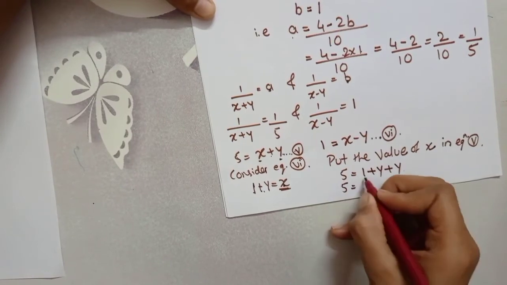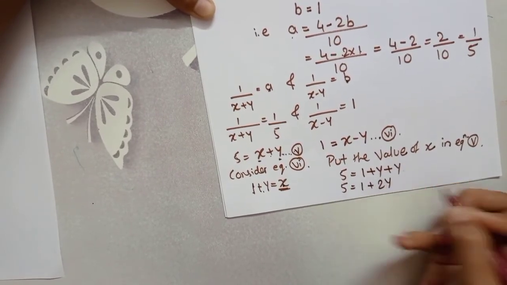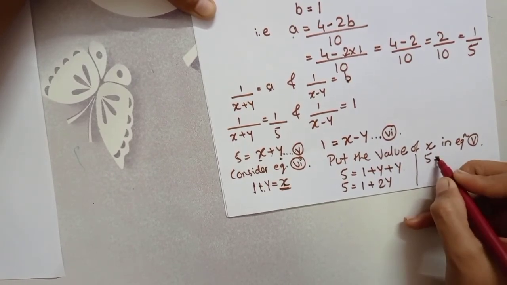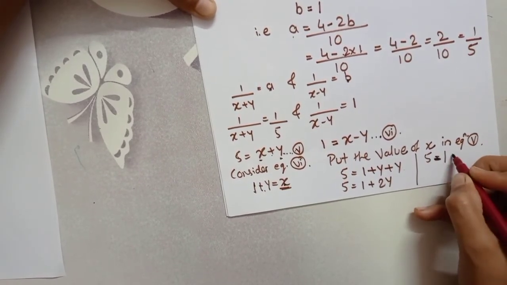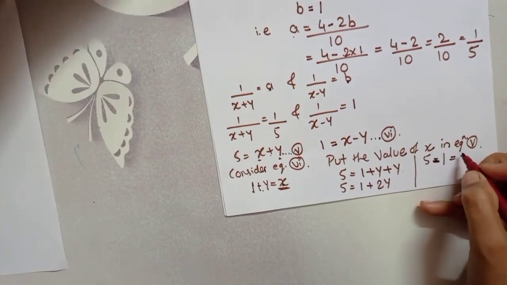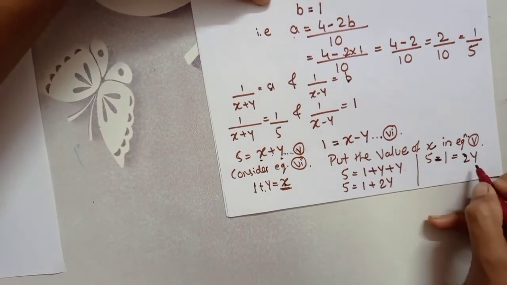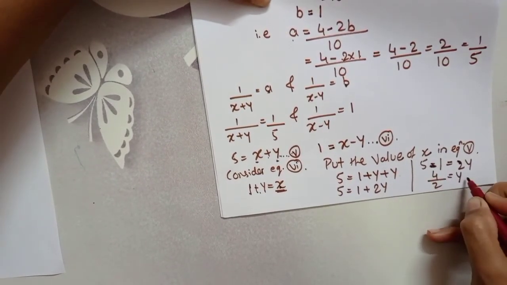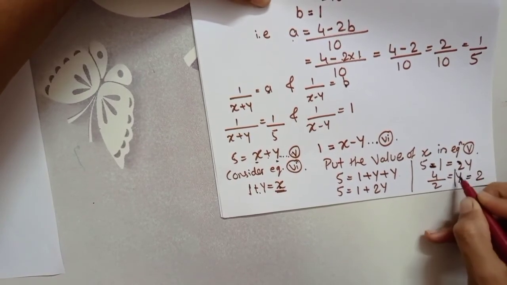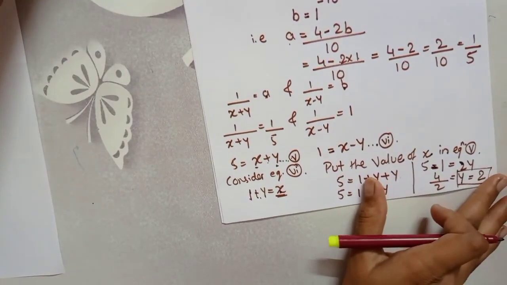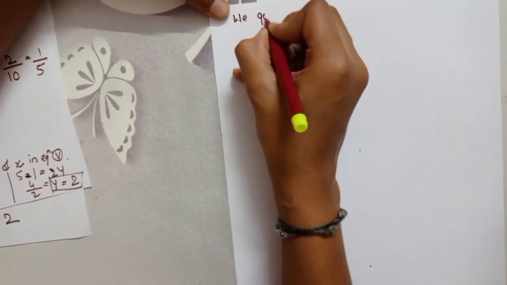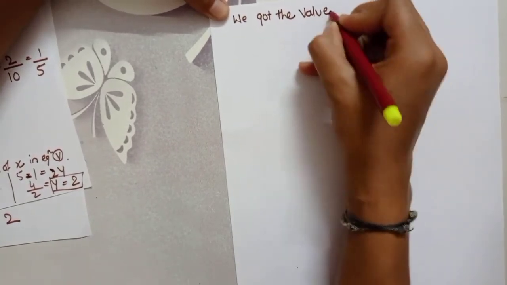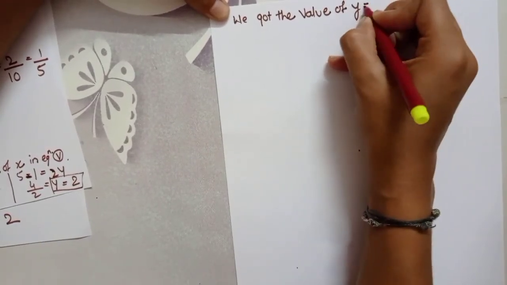That is 5 is equal to 1 plus 2y. So 5 minus 1 is equal to 2y. 5 minus 1 is 4, by 2, is equal to y. That is y is equal to 2. We got the value of y as 2.